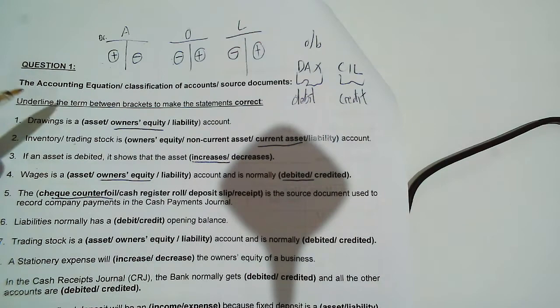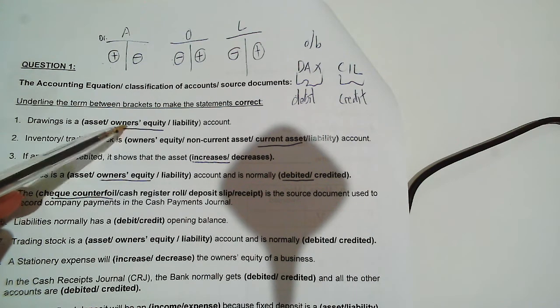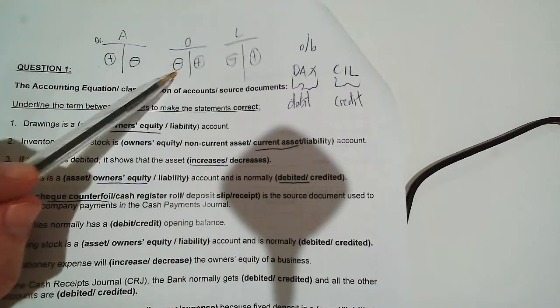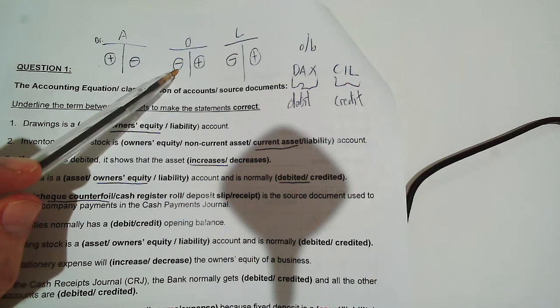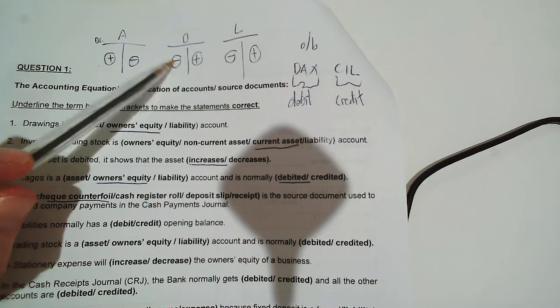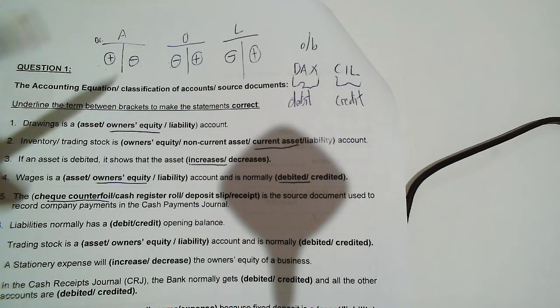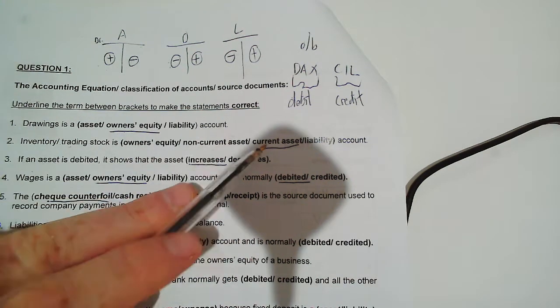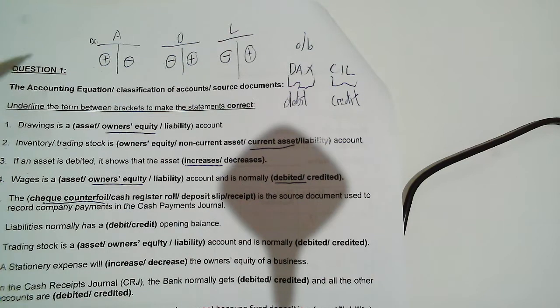Okay, so the first one, drawings, is an owner's equity account. Okay, because we're taking money out of the business and it actually makes the money of the business less if we withdraw money from the business. Number 2, inventory is a current asset. Why is it a current asset?